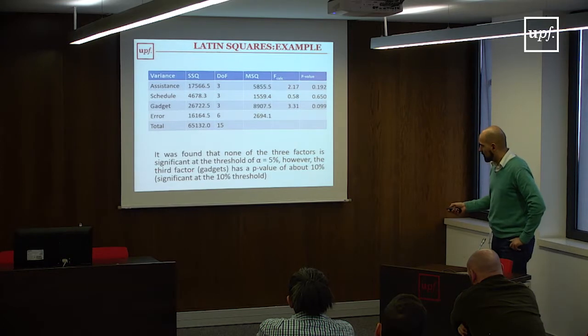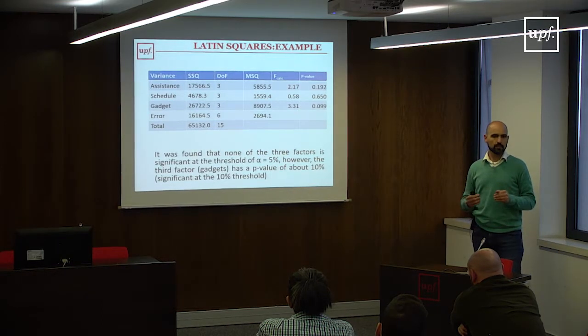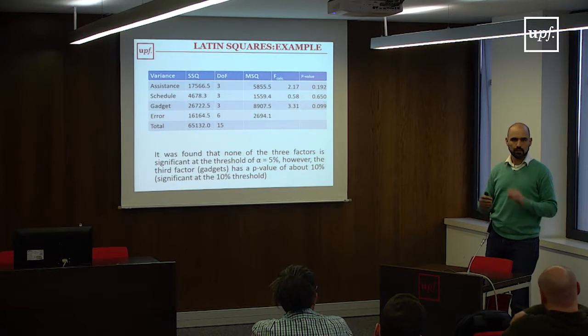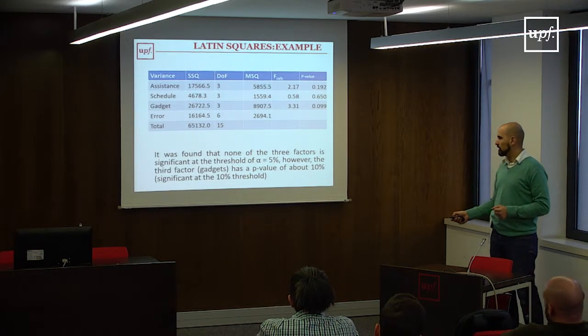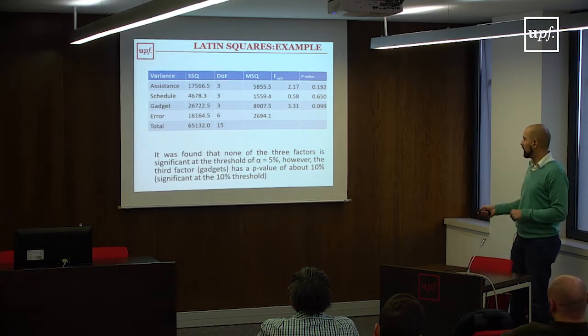I add again this line to remember that 5% is just something that we choose. Okay? It's not a golden rule, it's not written in the sky. For a kind of study, a significance value of 10% might be more than enough, and in that case, we have one factor which is significant.